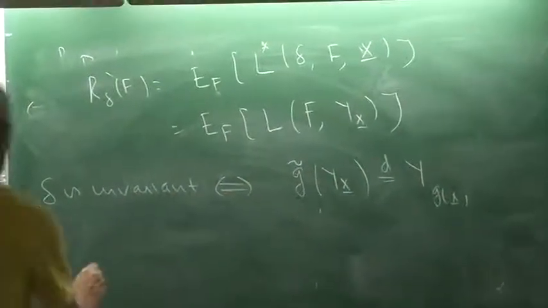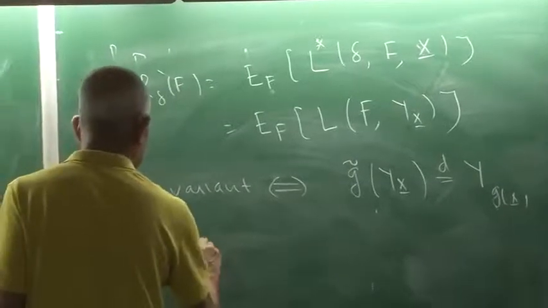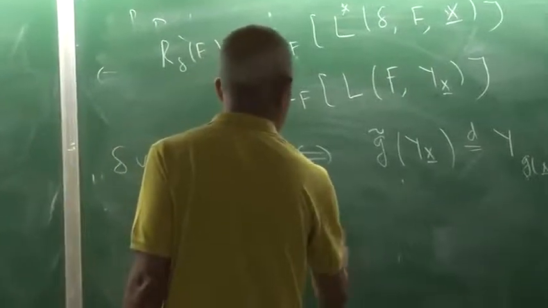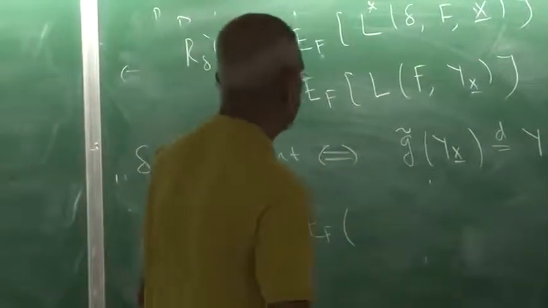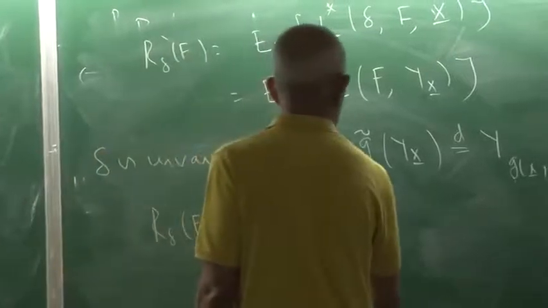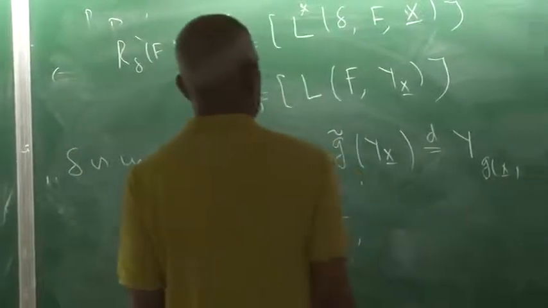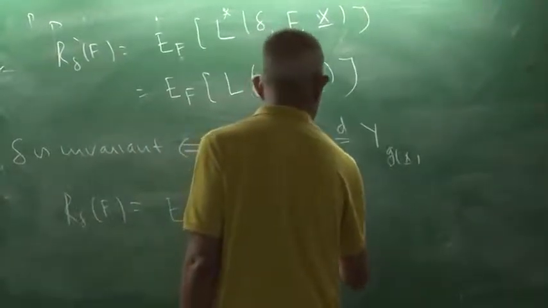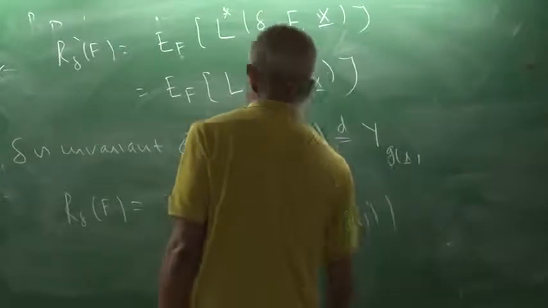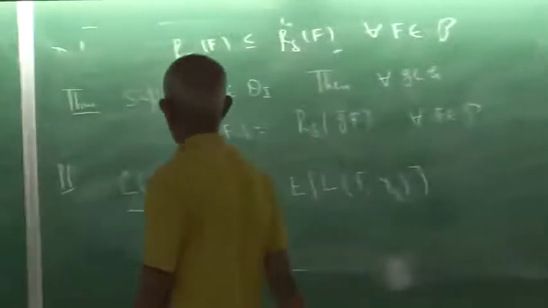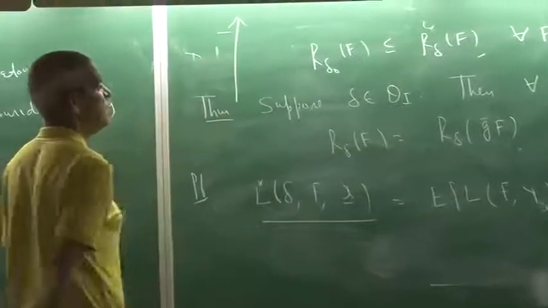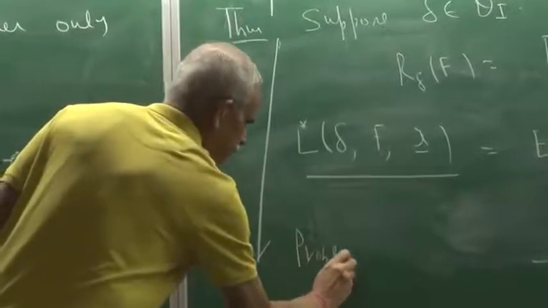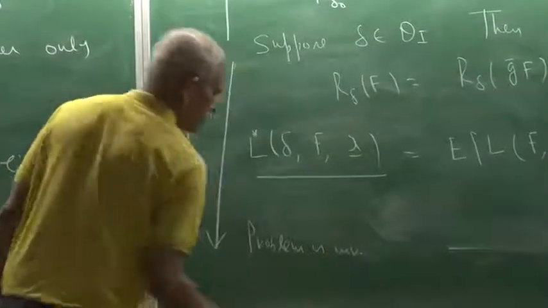So what do you get? So R delta f is nothing but E_f of L of f, G tilde inverse. Everywhere I am assuming invariance, so here also the assumption is that the problem is invariant. So this is an assumption.